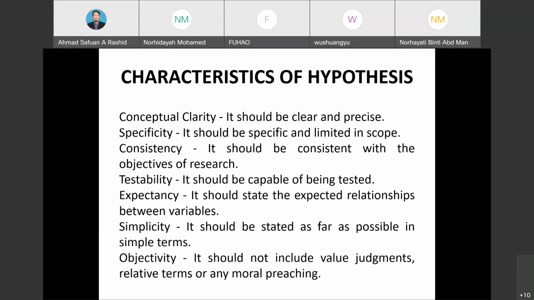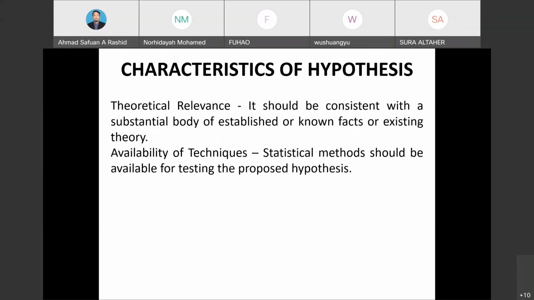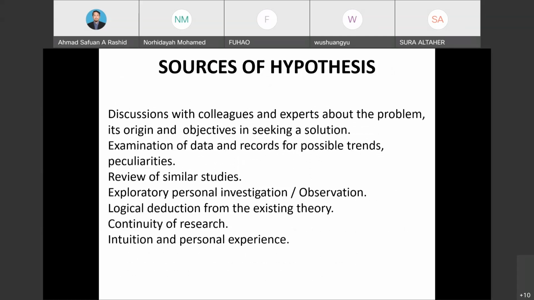So the characteristics of a hypothesis, okay, as I told you before, a good hypothesis. So this is just a more additional explanation. So sources of hypothesis. Definitely, I guess the best source is from your reading.